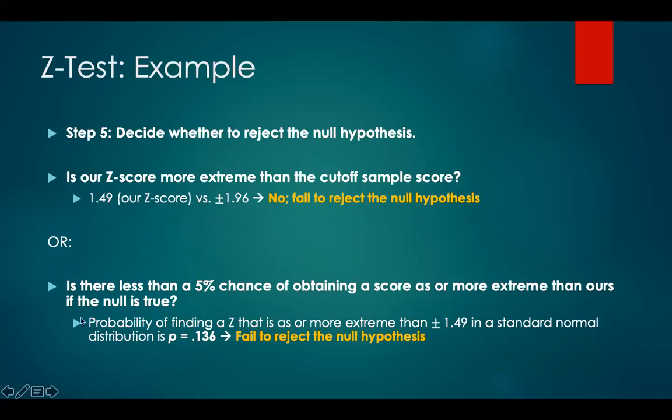The probability of finding a z-score that is as or more extreme than 1.49 in a standard normal distribution is p equals 0.136, which is greater than 0.05. So we fail to reject the null hypothesis. In other words, these findings are inconclusive. We can't say whether or not there is a difference on this empathy reasoning measure between public school kids and homeschooled kids.